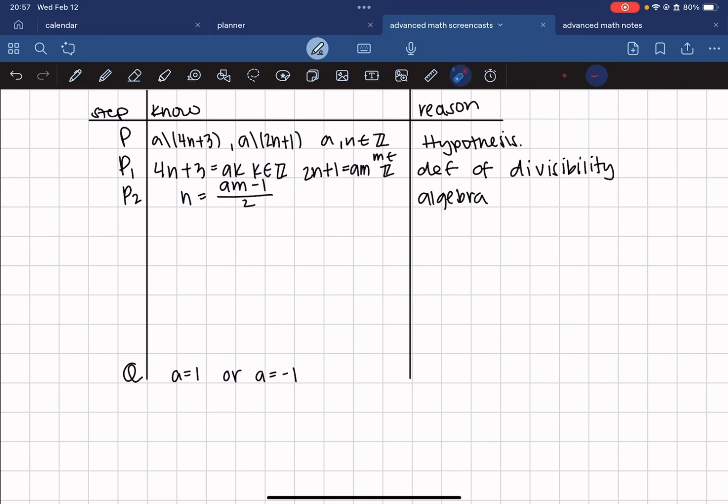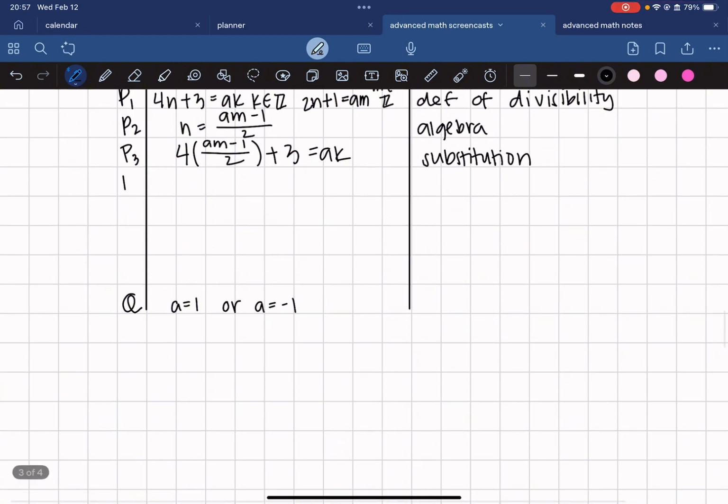And then we are going to plug that into this equation. So our P3 is going to be 4 times (am minus 1) over 2, plus 3, equals ak, and that is just substitution. And then we solve that out and we get 2am plus 1 equals ak, and that is just algebra.